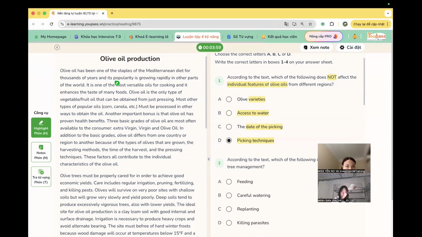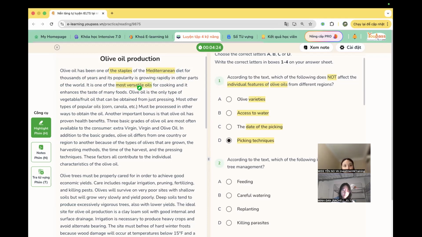Okay, let's have a look at this one. Olive oil has been one of the staples, so staple is something very important, an icon, of the Mediterranean diet for thousands of years. And this is the most versatile oil.